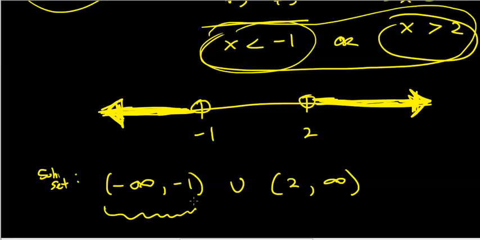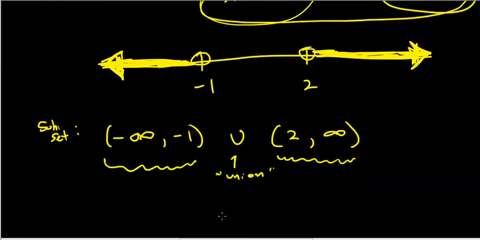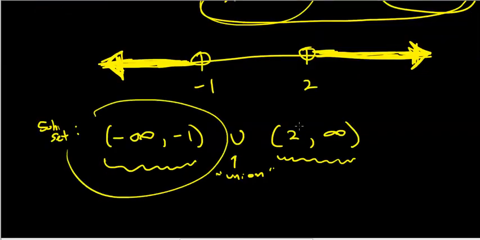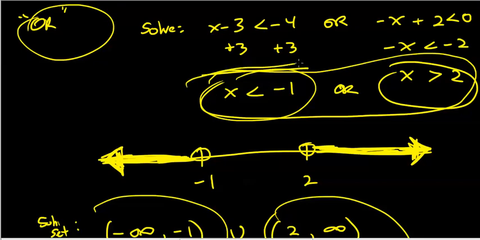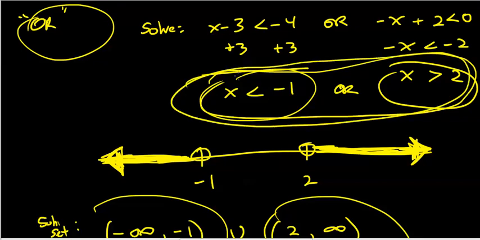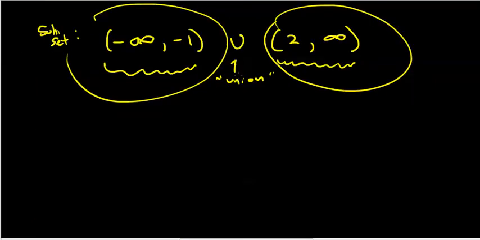This describes all x values between 2 and positive infinity. And this, of course, as you probably know, is the symbol for set union. So basically we're taking this interval and this interval, and unioning them together. I'm not too crazy about this notation. I much prefer the simpler inequality statements, x less than minus 1 or x greater than 2. You probably are more comfortable with that too. Okay, so I just wanted to let you know where those authors' notations might come from.